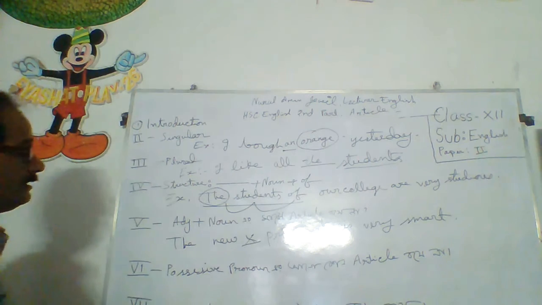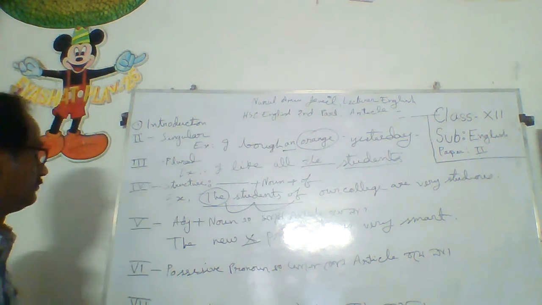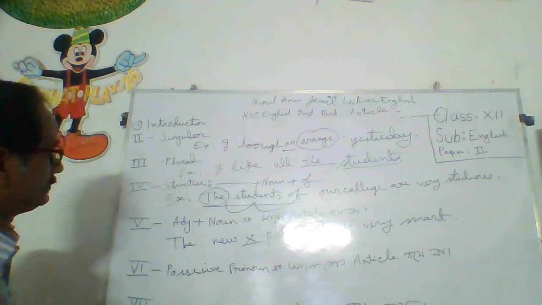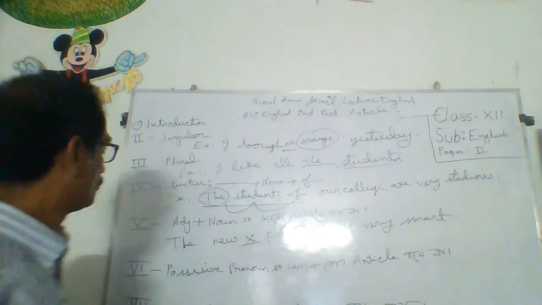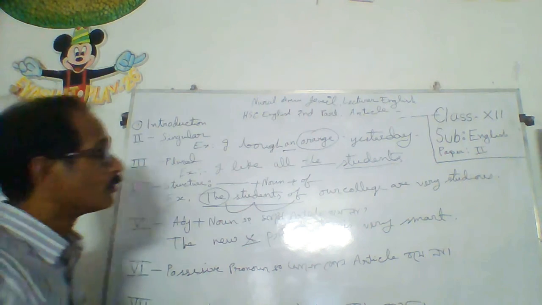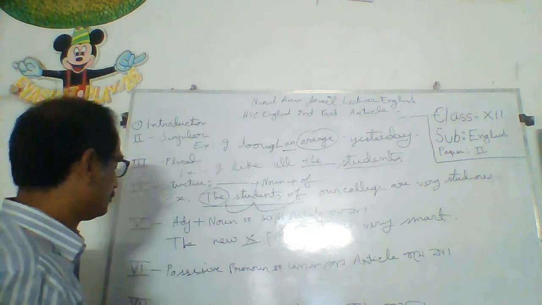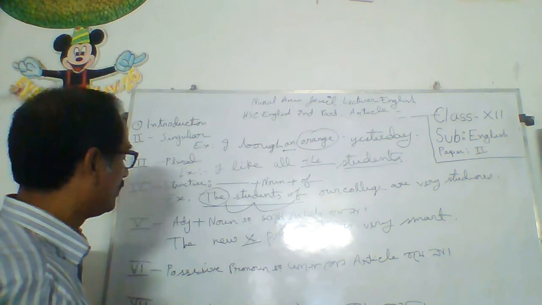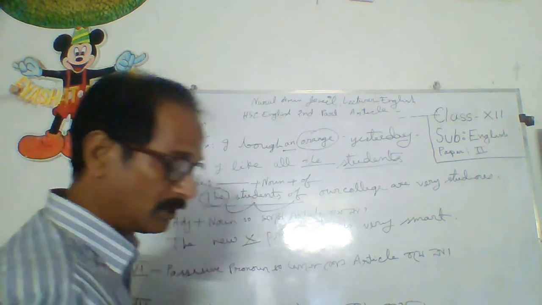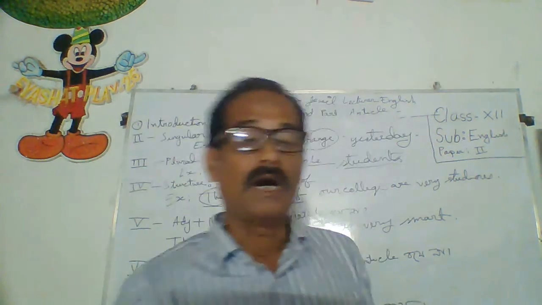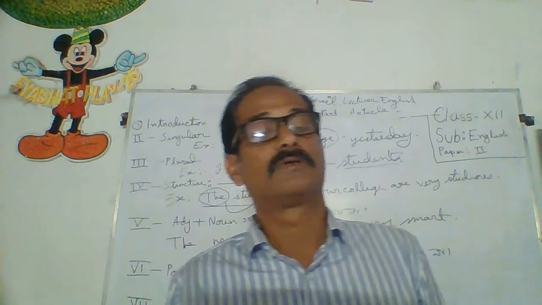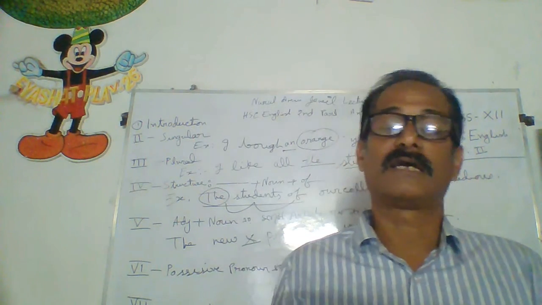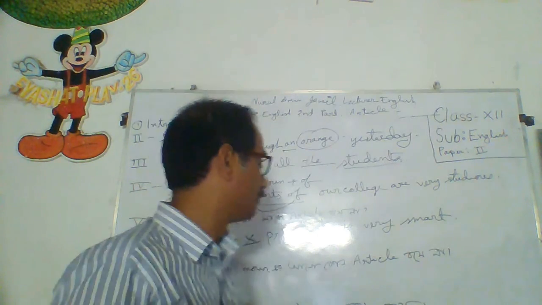However, in the next rule, we should remember that no article is used before a possessive pronoun. Do you know the possessive pronouns? My, mine, our, your, their, etc. are possessive pronouns.